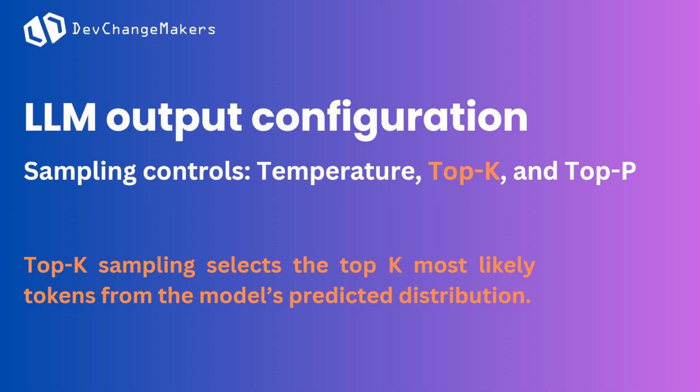Say it gives 20 words, and based on this I just select the top three. Here the K value is 3, which I specifically define. Then among the three words, the one with the best probability, it can select.